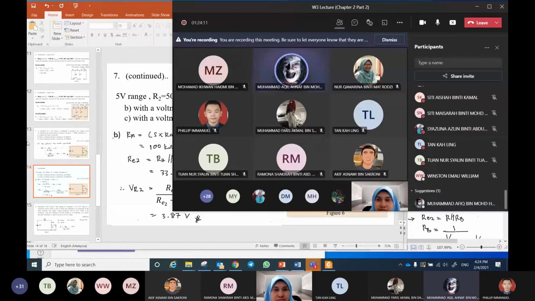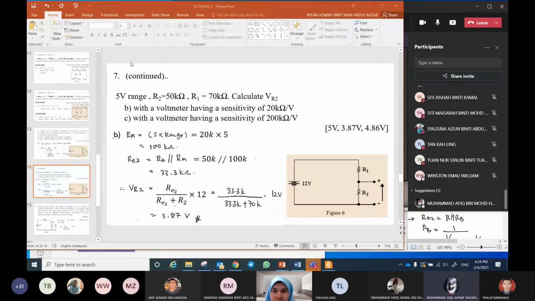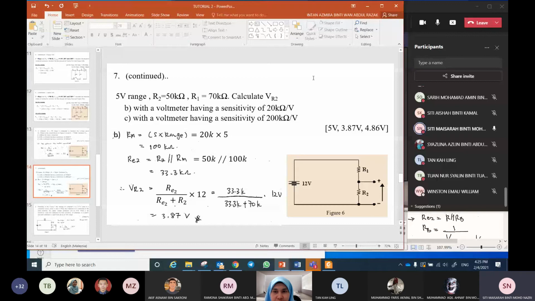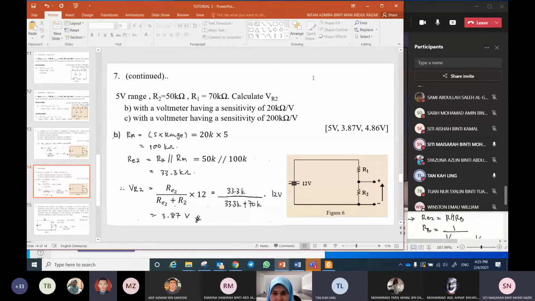Are you with me? What is the first step? Find R. So, how to find R? S multiply with the range. Okay, what is the value of S? The S is 200, 200 what? Kilo ohm per volt. 200K.